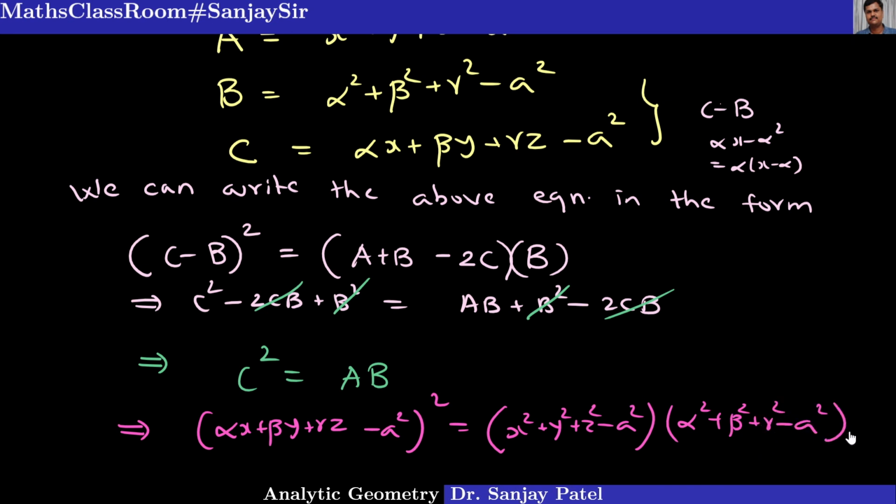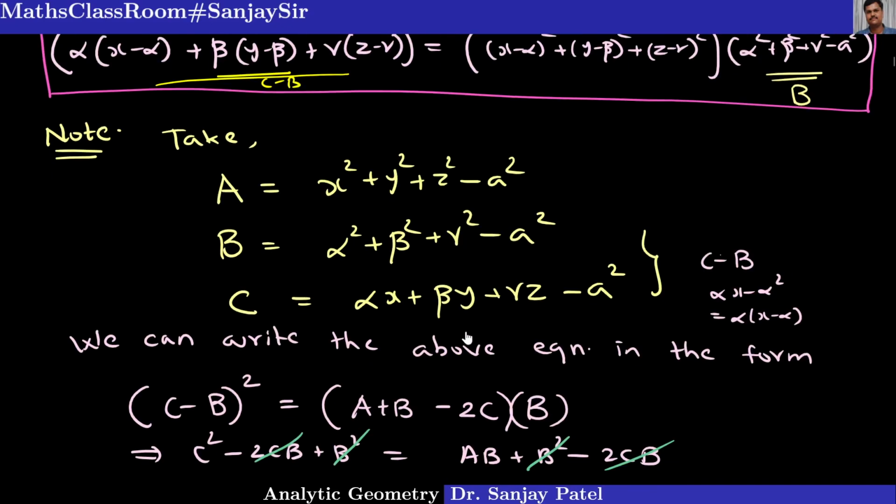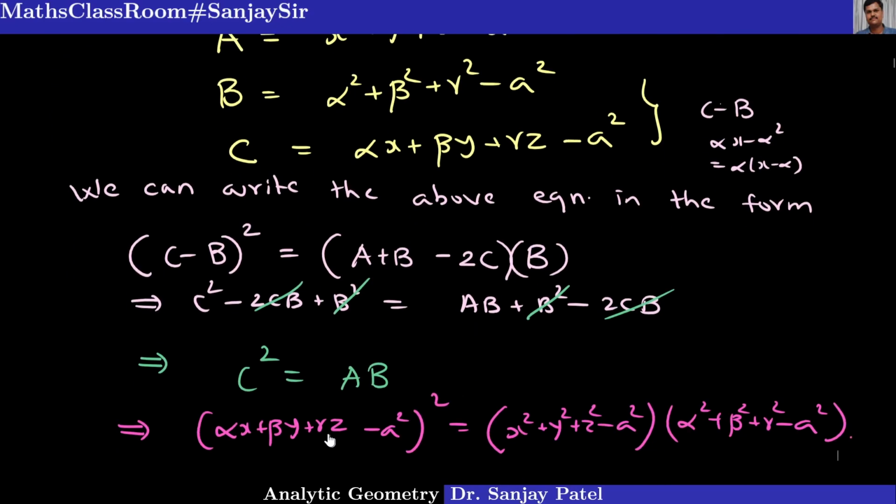So what we have done is we have written the equation of enveloping cone with respect to the sphere x square plus y square plus z square in this different form, which is easy to remember also. So you can remember this equation also for solving the problems.